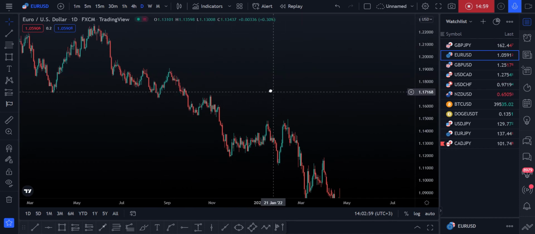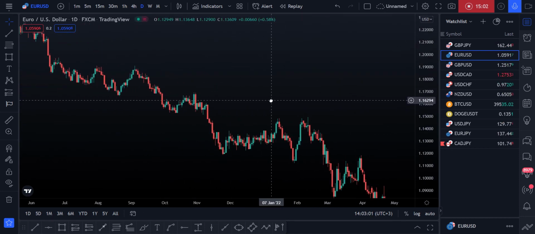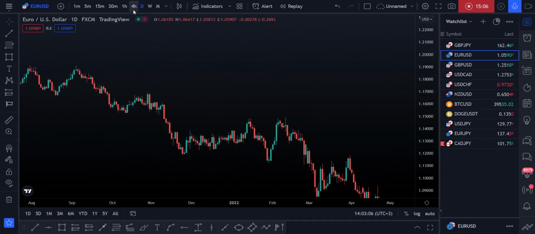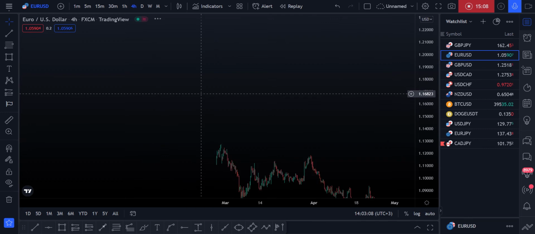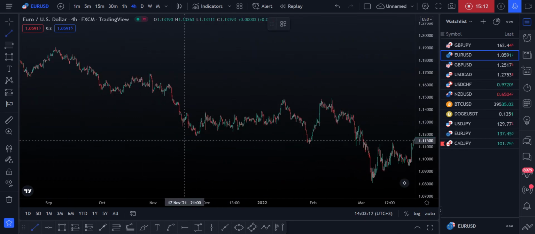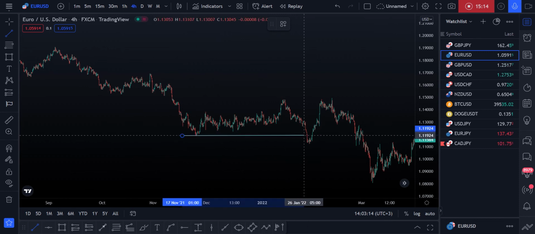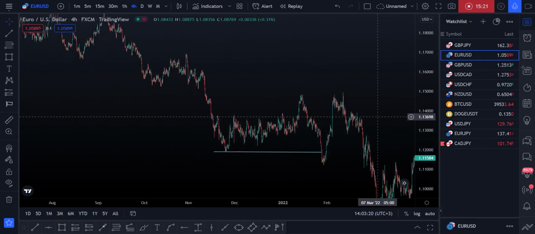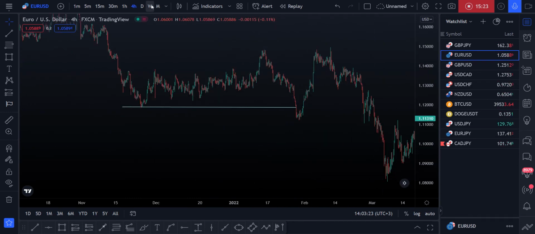You have your break of structure on the 4 hour, then you can date it back. So we have, let's say, a structure break here on the 4 hour. You are asking yourself, which zone am I going to trade off? Which zone was responsible for the break of structure?